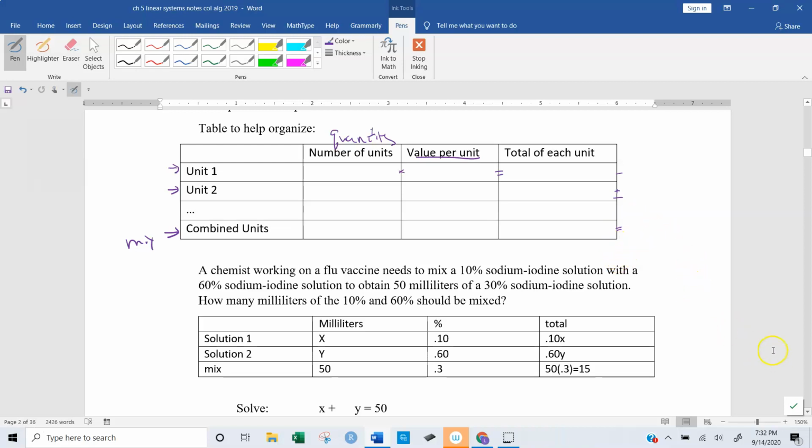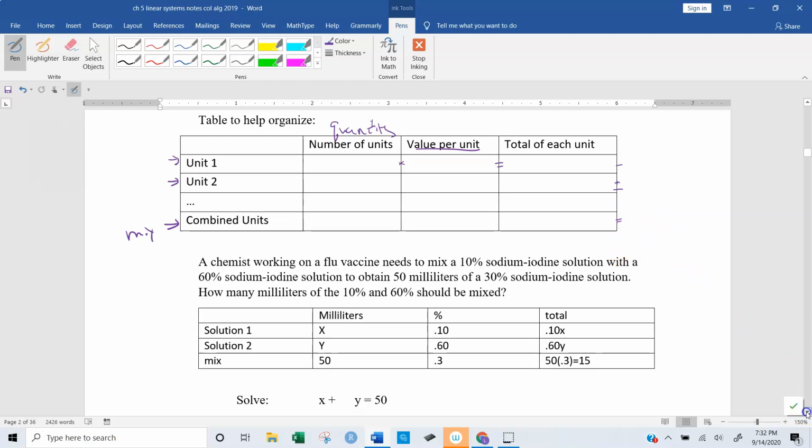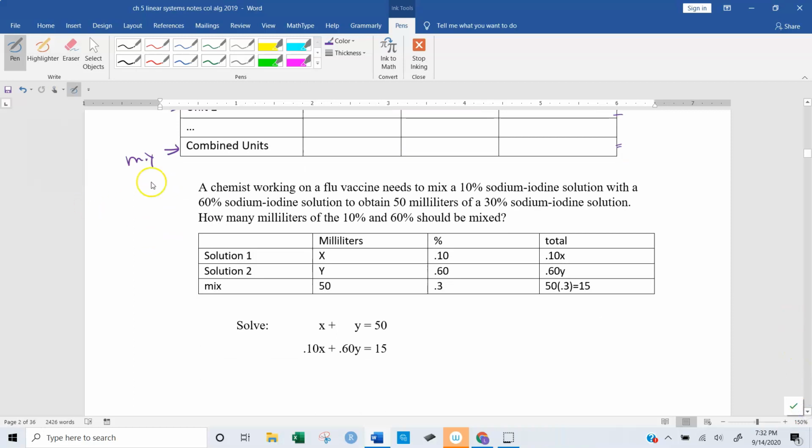All right, let's get moving here. See if we make this make sense. A chemist working on a flu vaccine, should be COVID right now, huh? Needs to mix a 10% sodium iodine. So my solution one, I don't really care it's sodium iodine. I just know it's my first solution. I have 10% of it. So I'm going to put 10% here. I'm going to put percentage with 60%.